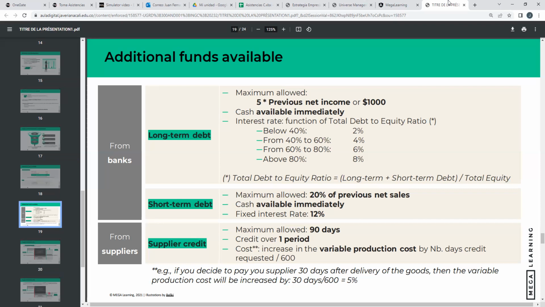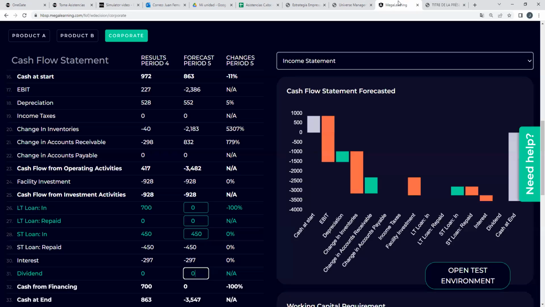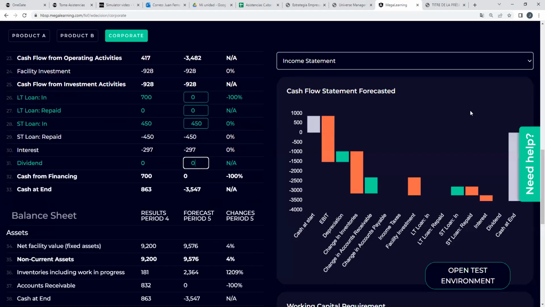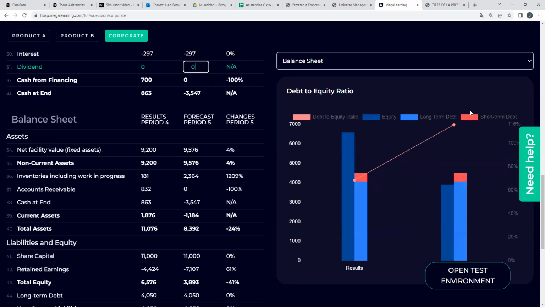So this is important to have in mind. The simulator is going to make this operation of the debt to equity ratio automatically.